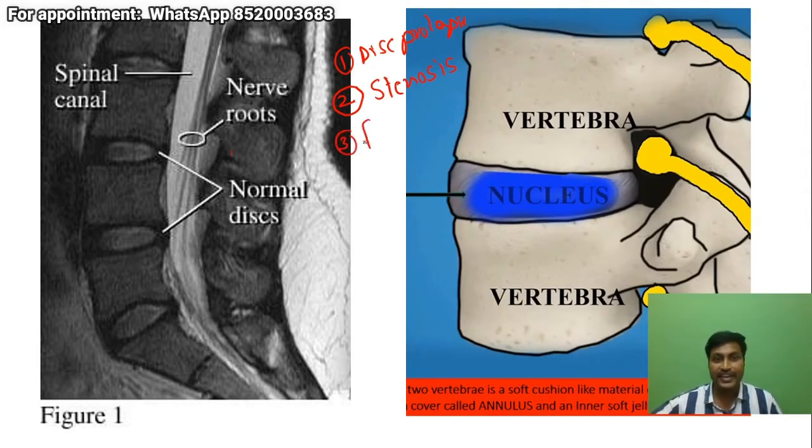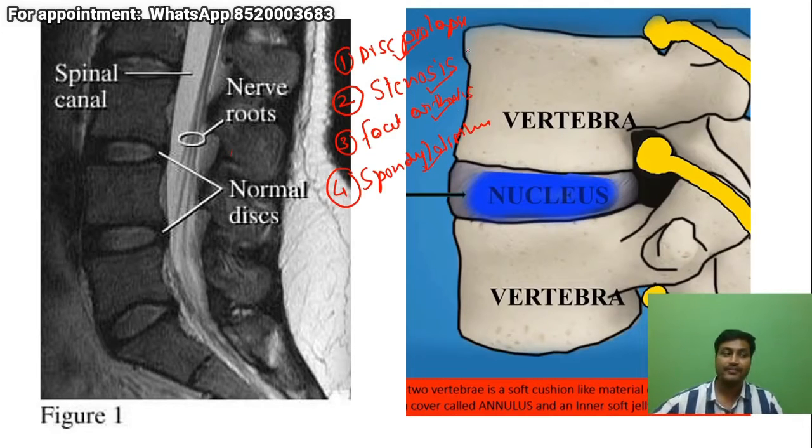Third one is facet arthritis. Fourth one is spondylolisthesis. So I'll be explaining all these four things: the disc prolapse, stenosis, facet arthritis, and spondylolisthesis.